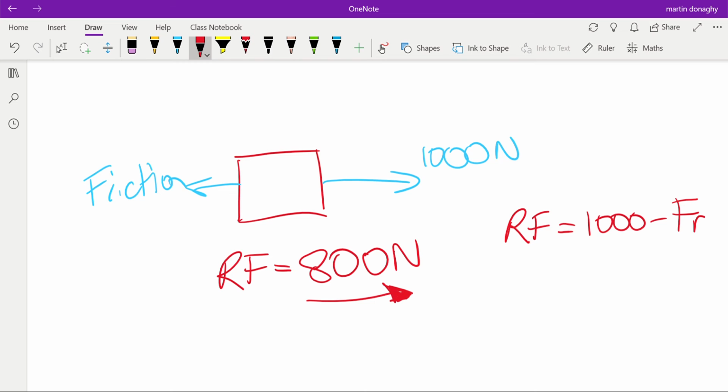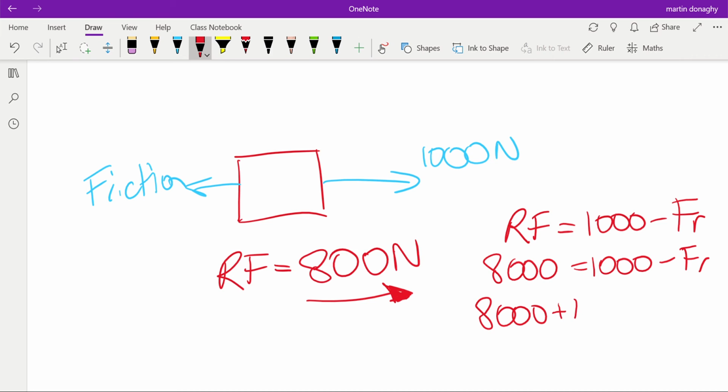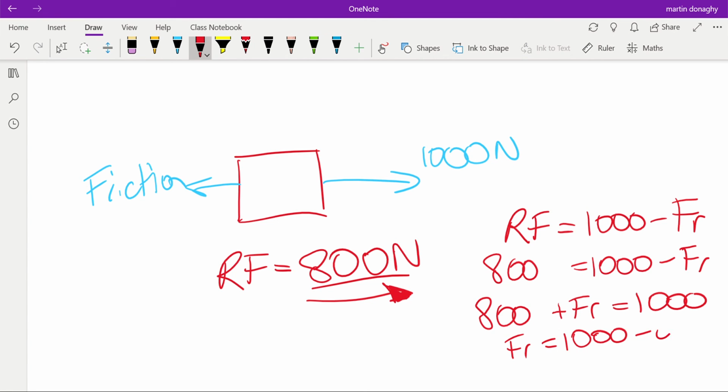We're told that the resultant force needs to be 800, so if we put 800 in there, equals 1000 minus friction. Bring the friction over to the other side, or you could say add friction to both sides. I just invented a zero there somewhere, sorry. So the resultant force is 800, not 8000. Equals 1000, subtract the 800 from both sides, and it gives us that friction must be 200.